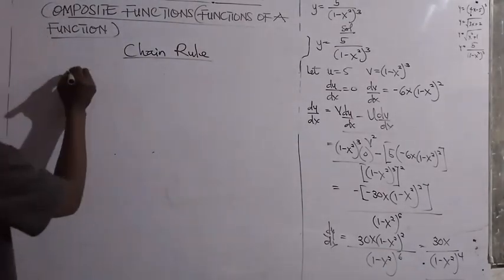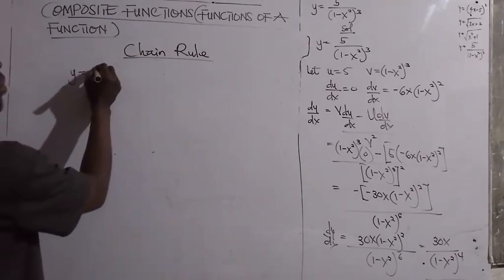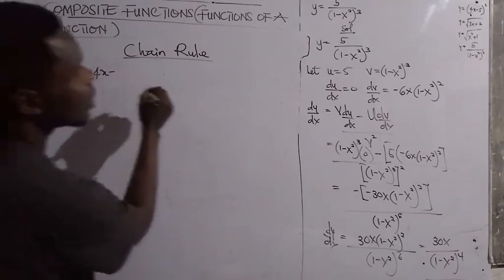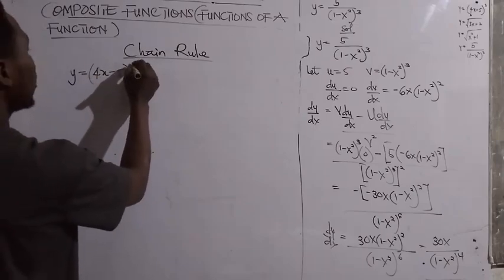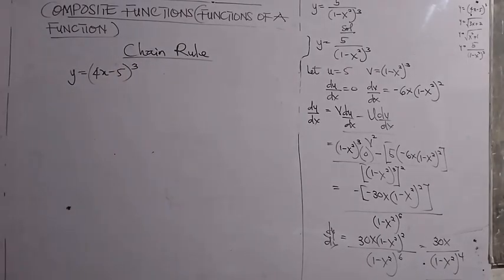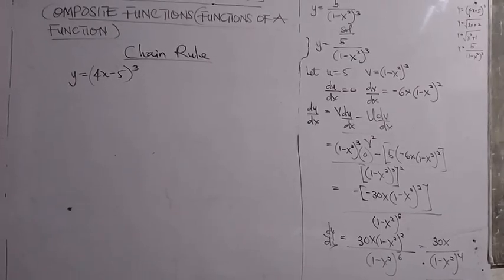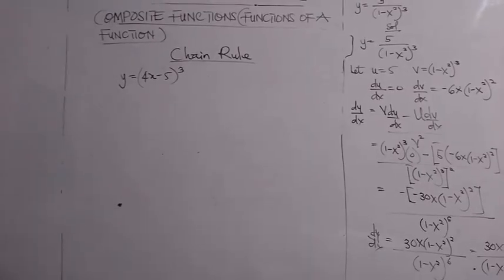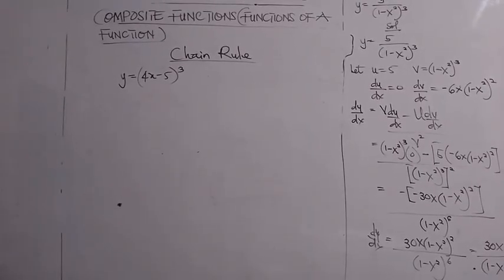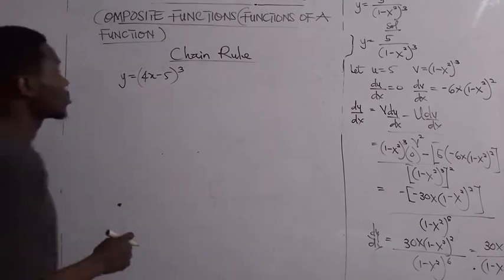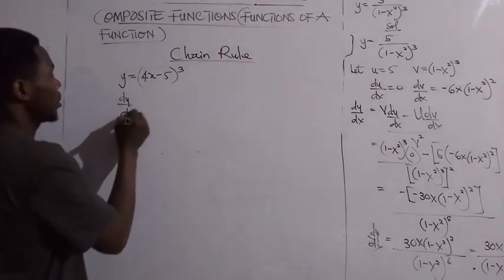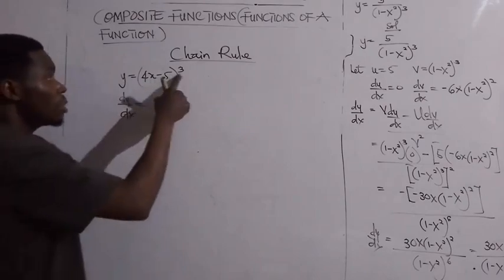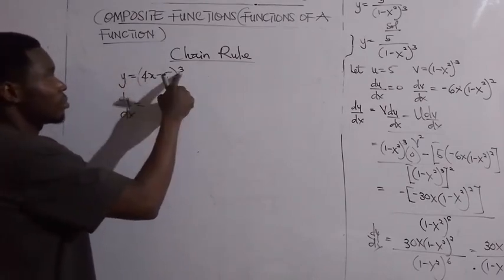So first one we have y is equal to (4x minus 5) exponent 3. What you have to do now is dy/dx is equal to: drop this exponent.